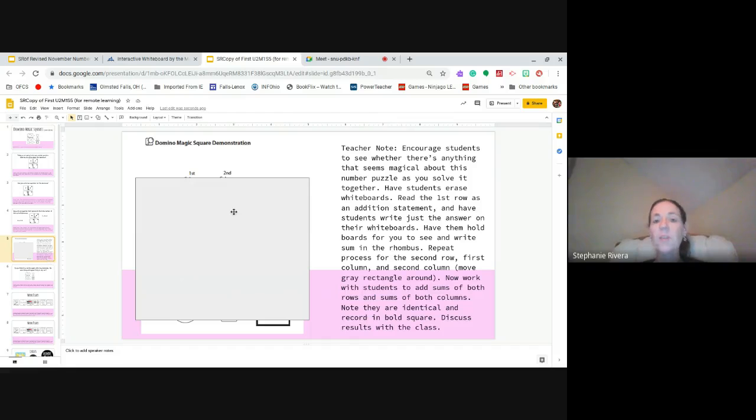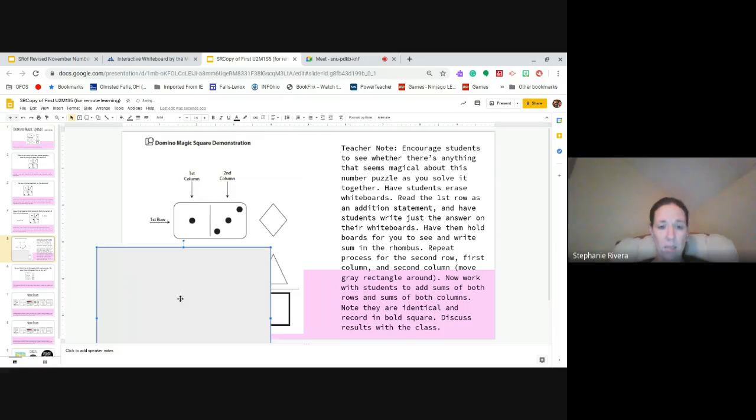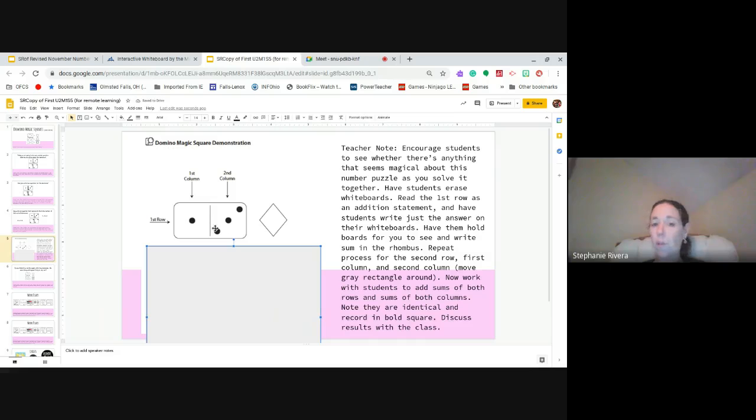All right, so this is how a magic square domino is going to work. As I'm coming across here, I have 1 plus 3. We're going to put that number right here in the box. You already did that with me on the other page, right?